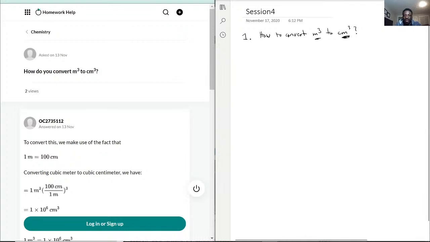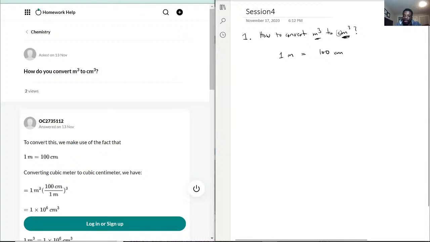In order to do that, we need to understand what's the relationship between them, starting at the base. So 1 meter is how many centimeters? If you remember, centi, that's 100. So it takes 100 centimeters to get to a meter.